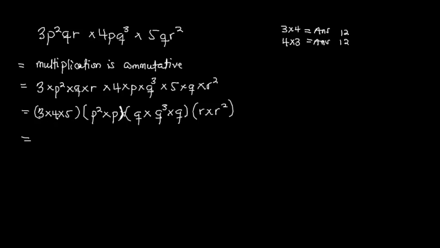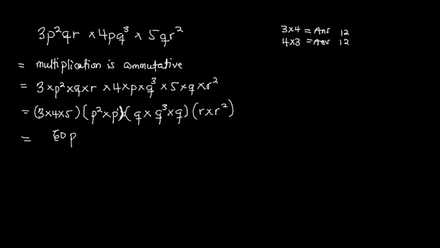So 3 multiplied by 4 will give me 12. 12 multiplied by 5, that will give me 60. So I have over here 60. Now p multiplied by p squared multiplied by p will give me p cubed. Okay, so this multiplication with exponent, this has the power of 1. So because there is multiplication in between them, you add their powers, indices.